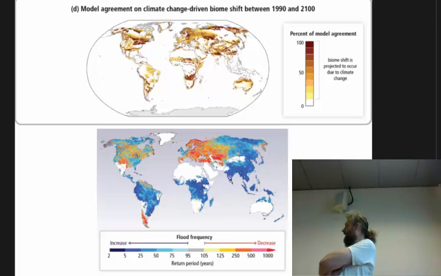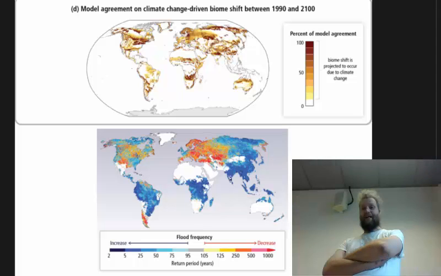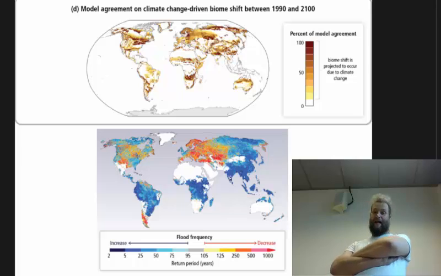What you're looking at here is not changes in individual species of plants, but changes in wholesale biomes. Biomes are essentially composites of plants and animals.